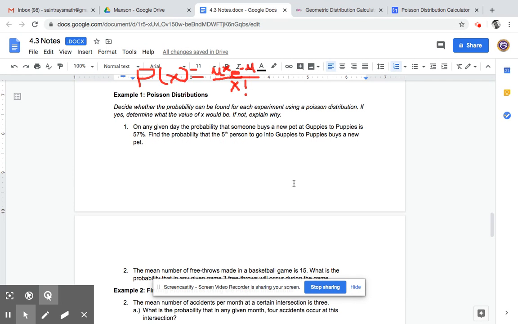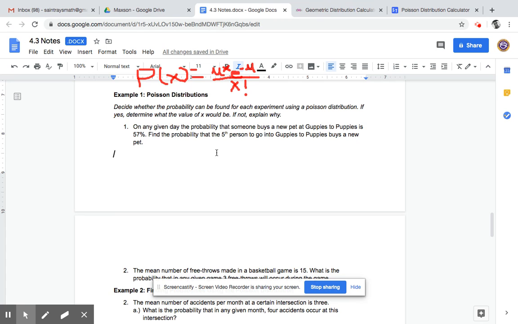All right, so for the first example here, it says decide whether the probability can be found for each experiment using the Poisson distribution. If yes, determine what the value of x would be. If not, explain. So the first one: on any given day, the probability that someone buys a new pet at Guppies to Puppies is 57%. Find the probability that the fifth person to go into Guppies to Puppies buys a new pet.